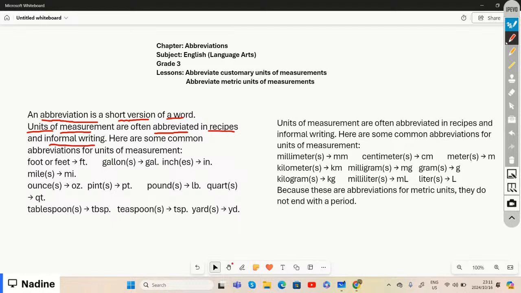And when it comes to abbreviating units of measurements, for example, we'll say something like foot or feet, 5 feet, 5 foot.